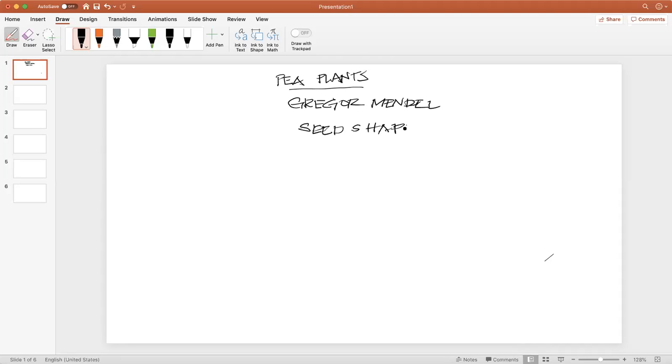And so for my next little few explanations, let's think about seed shape as having two forms, okay? You can either be a round pea, which we're going to designate as capital letter R, or you can be a wrinkled pea, which we are going to designate as little r.